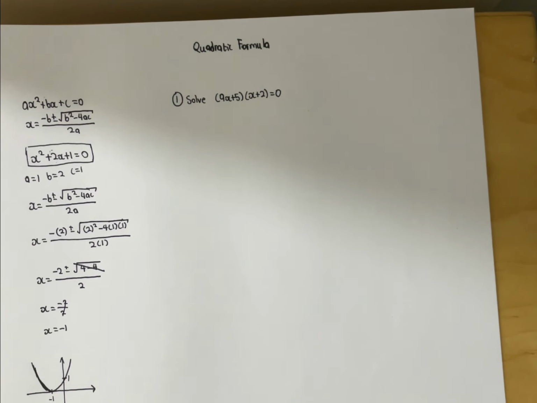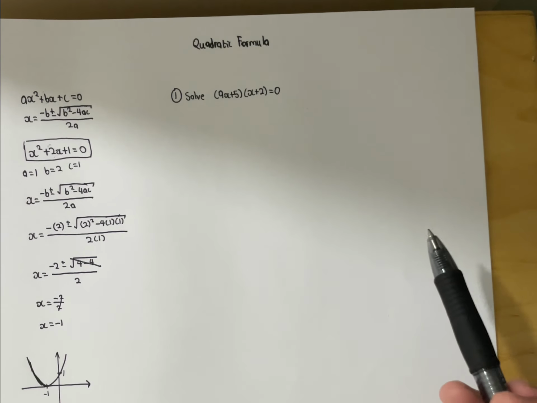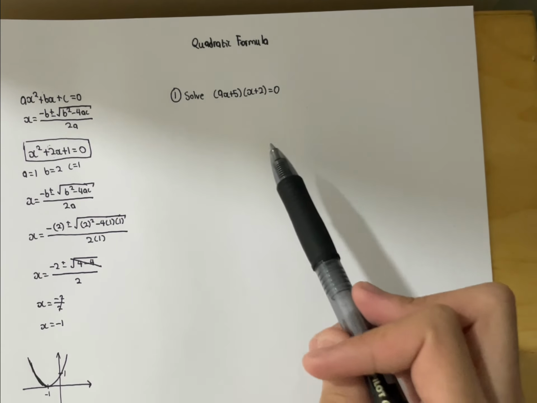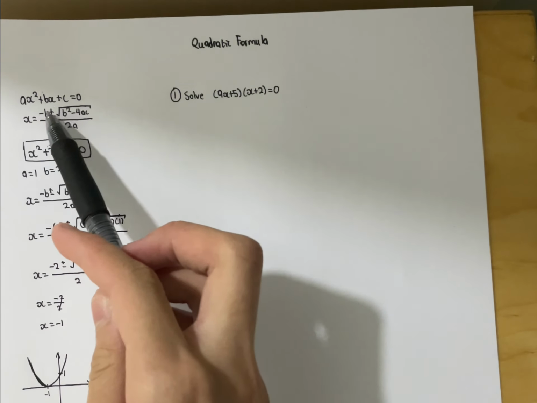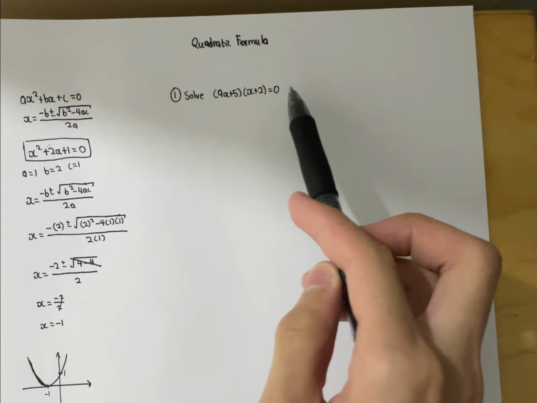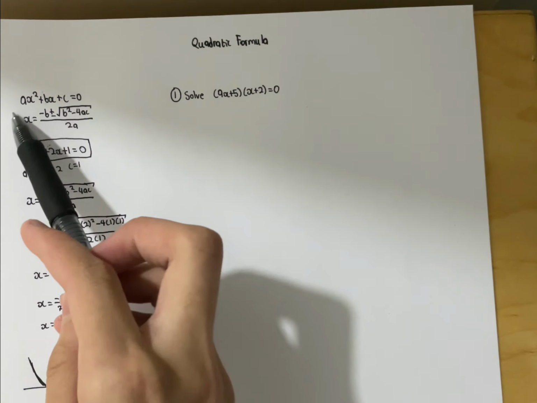Well, if we would like to use the quadratic formula, then actually you can just use the zero product property, but we don't need to do that today. That's for a different video. But if we would want to use the quadratic formula, this is not in the form of ax squared plus bx plus c equals 0. There is a 0, but this is not related to that.